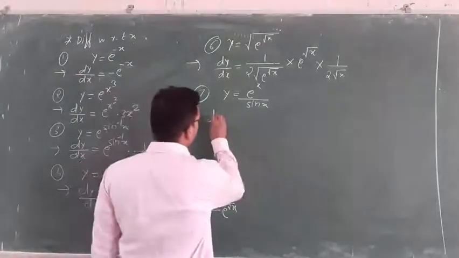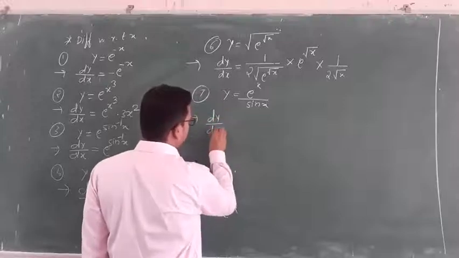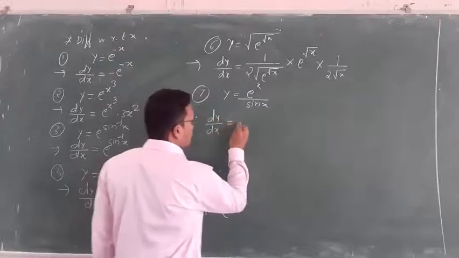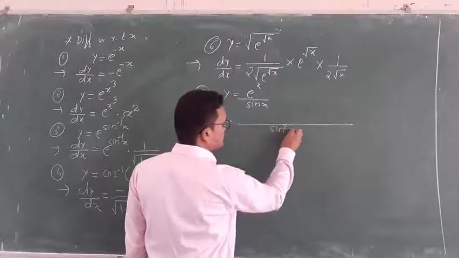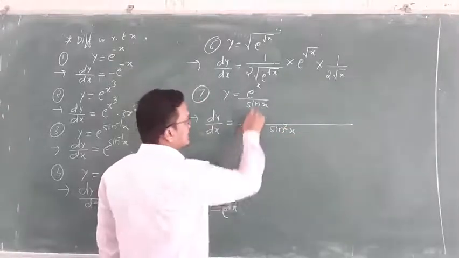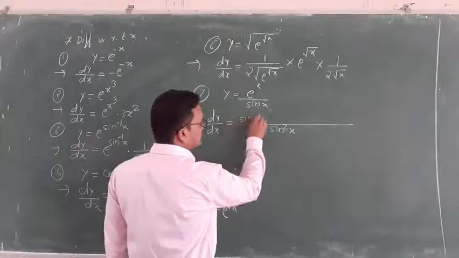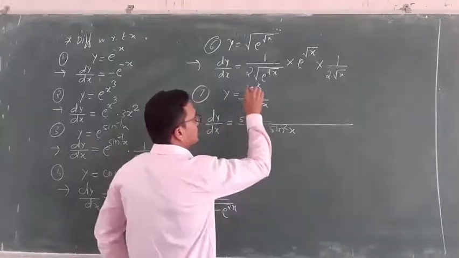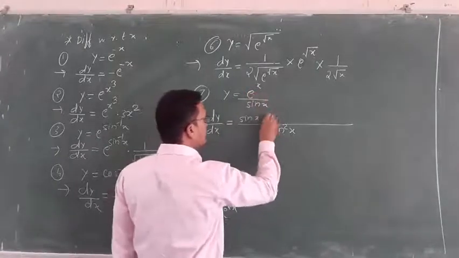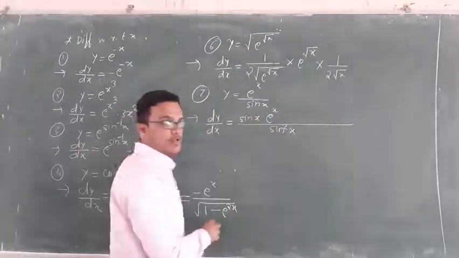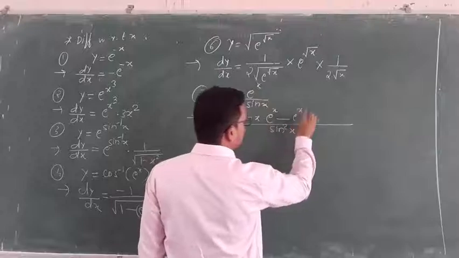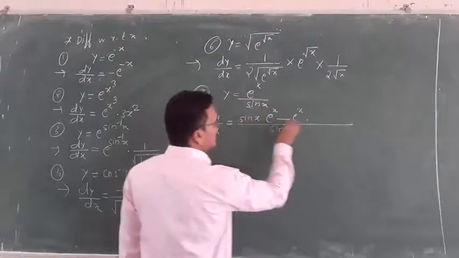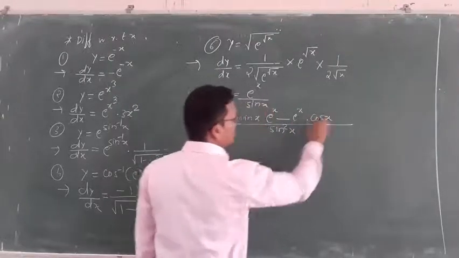So y derivative is dy by dx, which is equal to, what the quotient rule says, denominator square, so that is sin square x, then denominator into derivative of numerator. What is the derivative of e to the power x? e to the power x, minus numerator into derivative of denominator, sin x derivative is cos x.